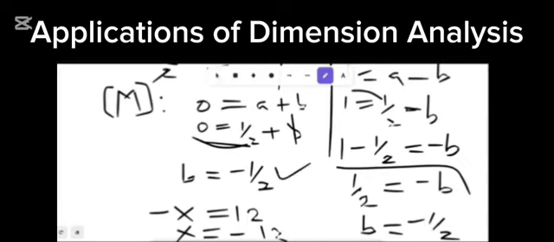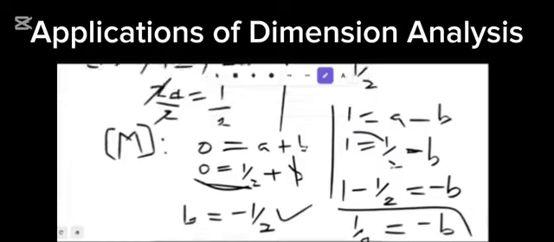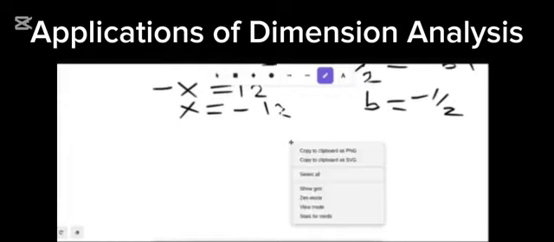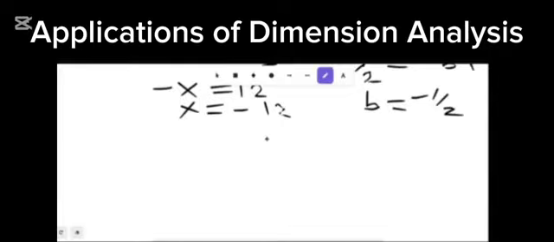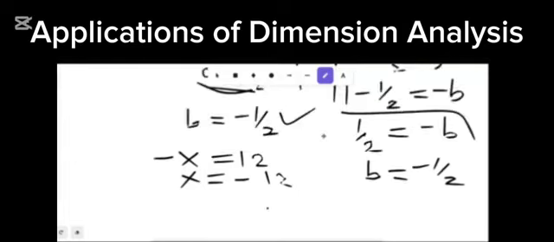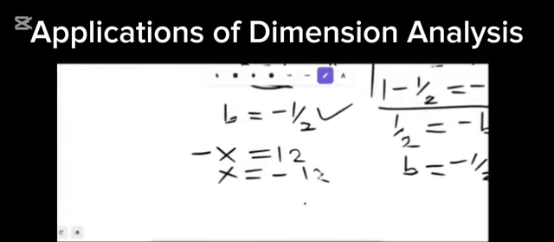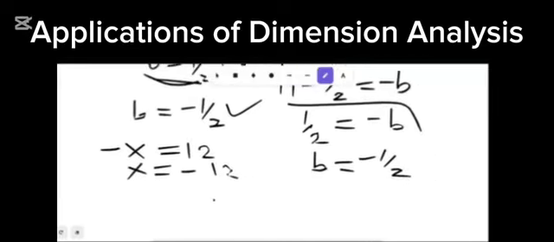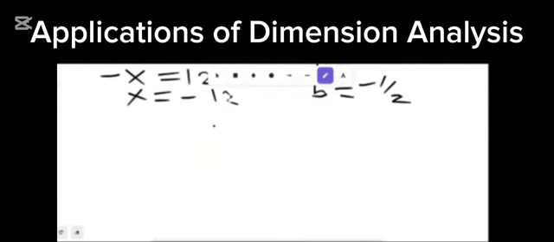Okay, v equals k, T to the power A, mu to the power B. V, velocity, equals a constant, T to the power A, and then mu to the power B.